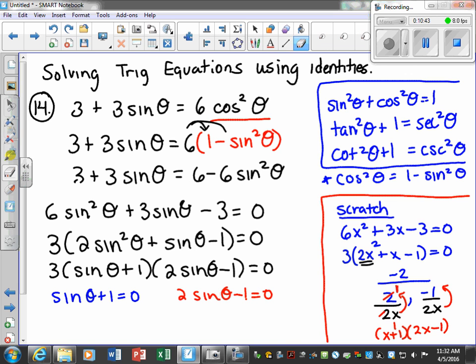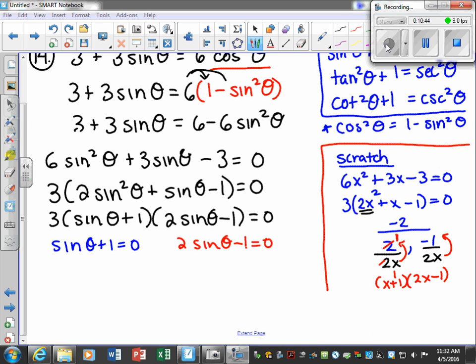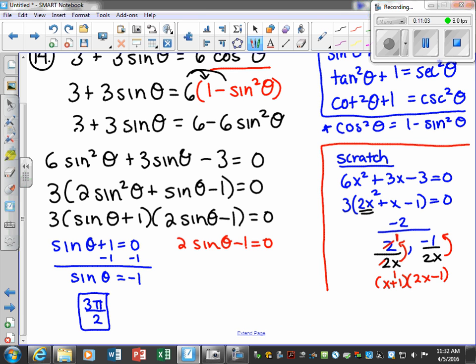There's no value to it. Okay, so now we're just solving. So subtract 1. Where is the sine of theta equal to negative 1? So here you would go to your unit circle, and where the y value equals negative 1 occurs at what? 3 pi over 2. Yeah, so use your unit circle to find that.